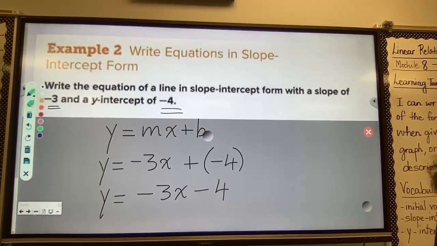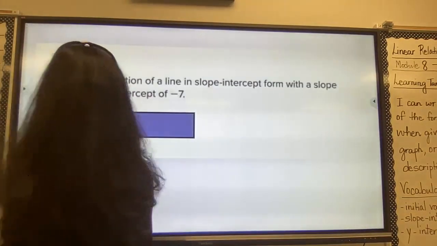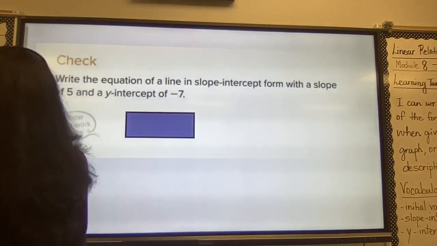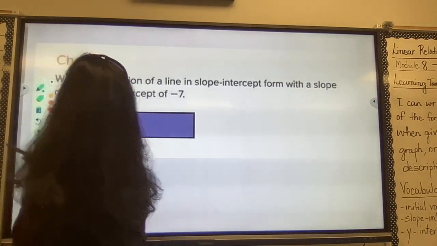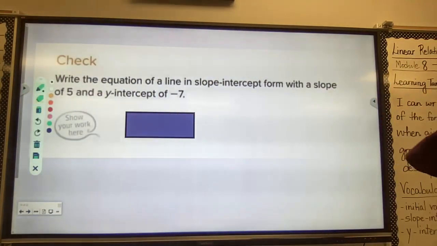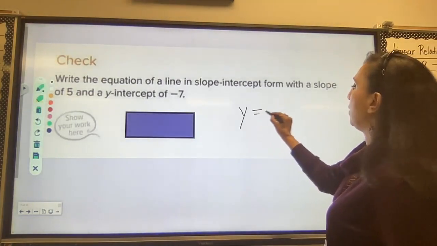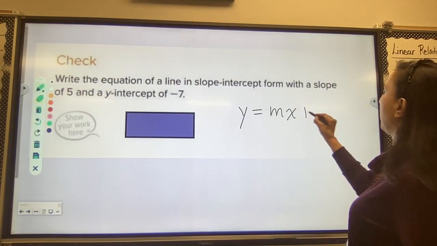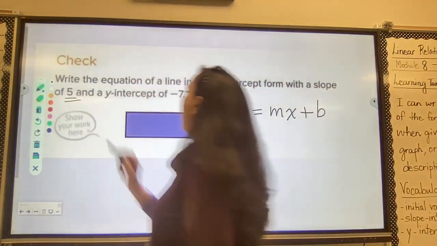Let's do another one. Let's look at this one. And if I am to write the equation of this line in slope-intercept form, we have y is equal to mx plus b. What is the slope? It is 5.